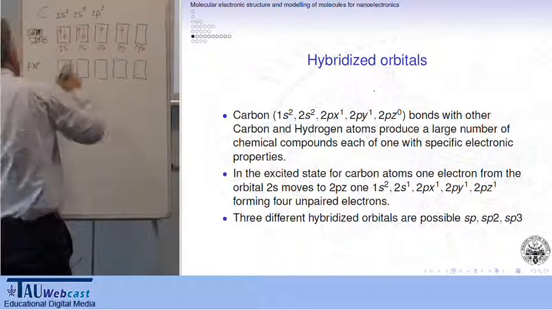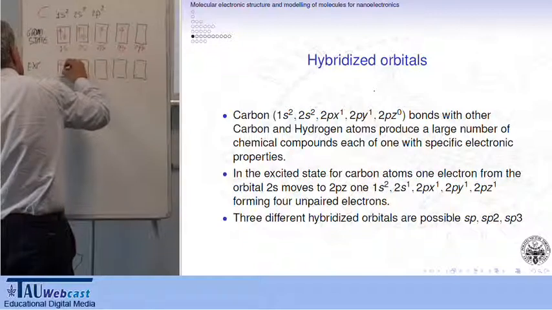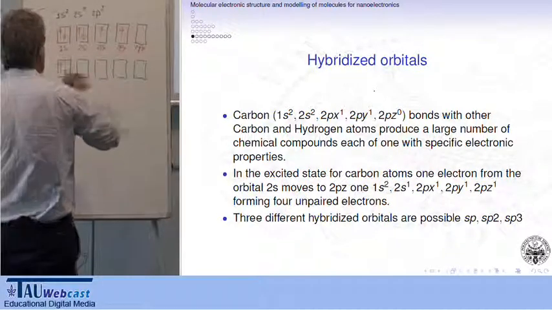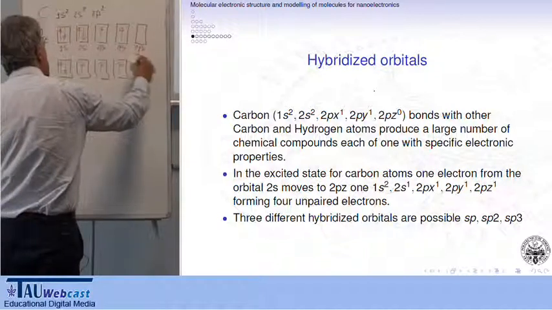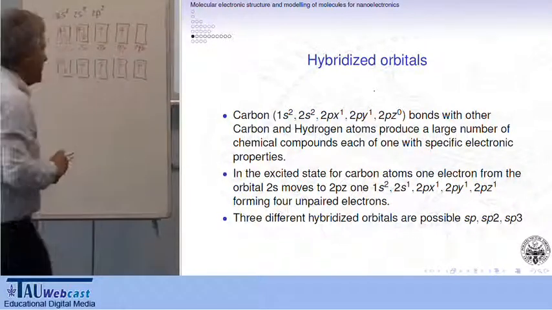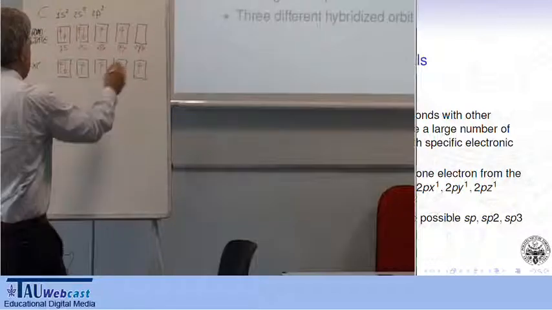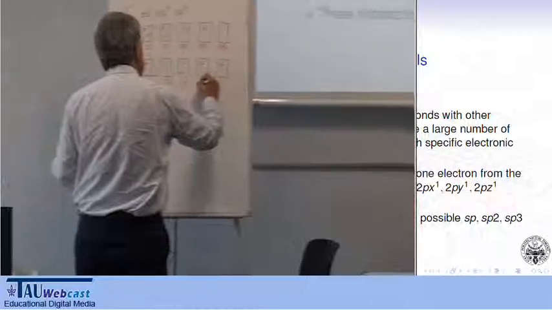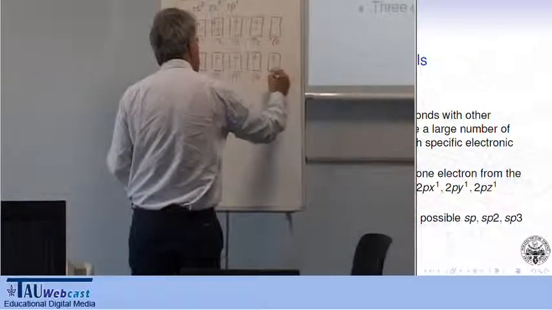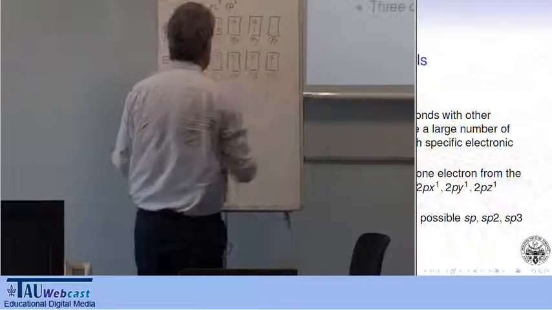The inner layer is unchanged, but here we have 1, 2, 3, 4 unpaired electrons, respectively in the orbitals 2s, 2px, 2py, 2pz.